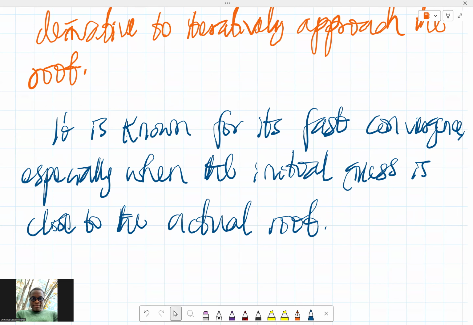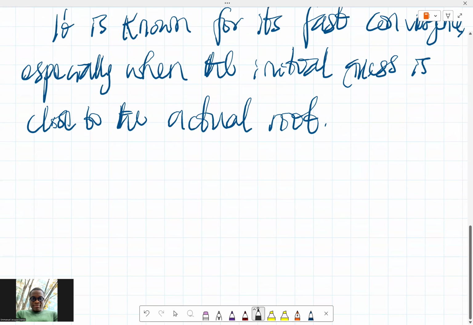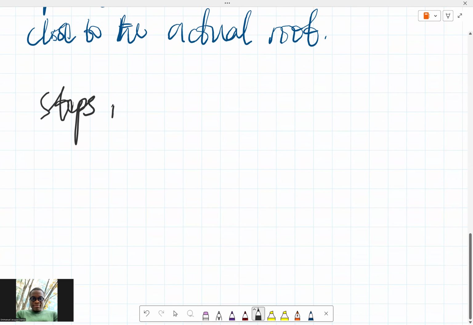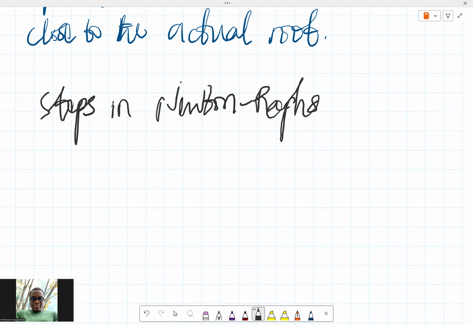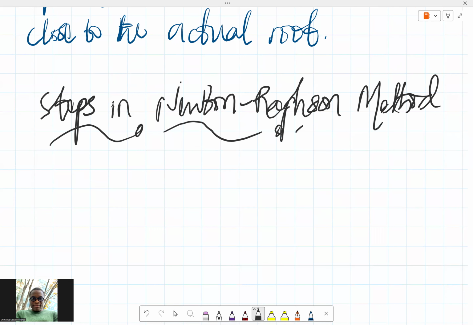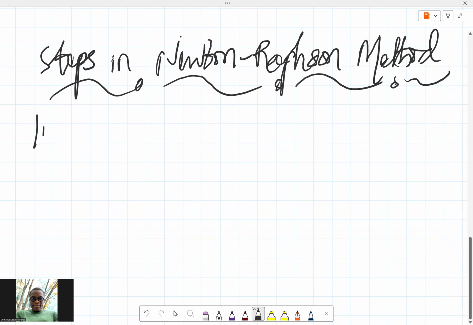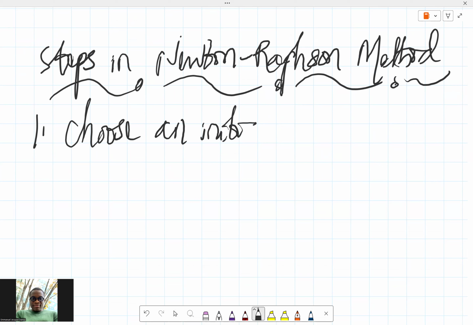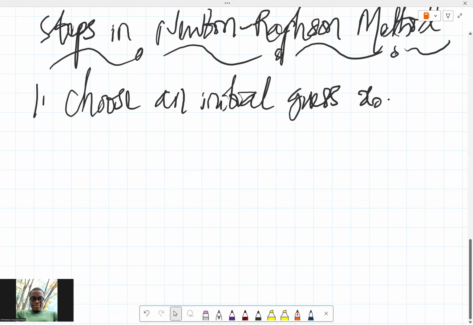Now let's look at the steps in the Newton-Raphson method. The first step is to choose an initial guess, x naught.